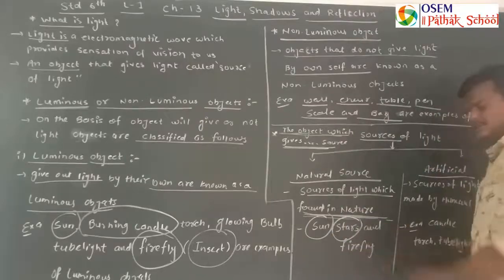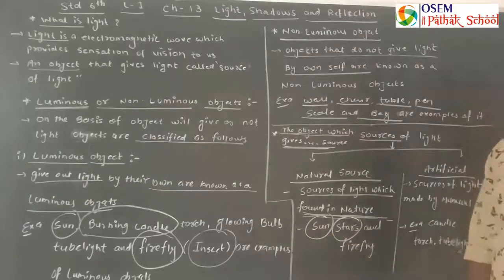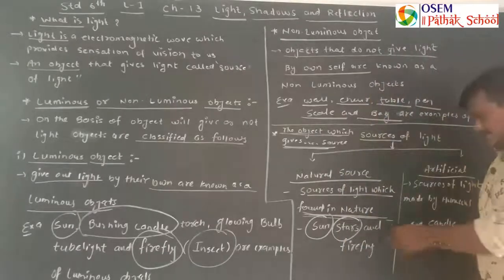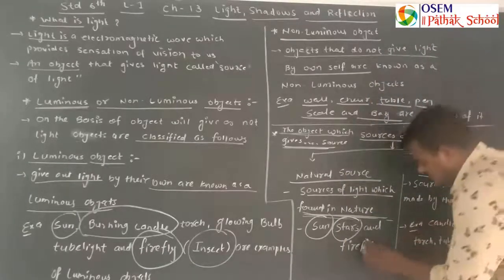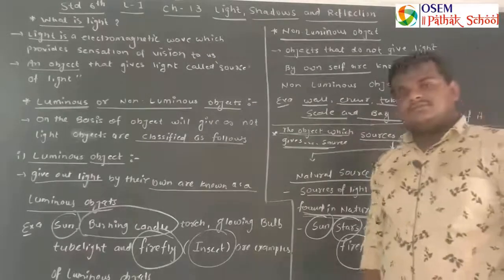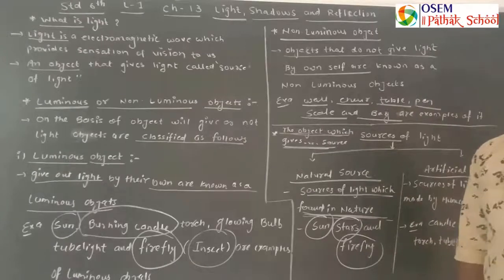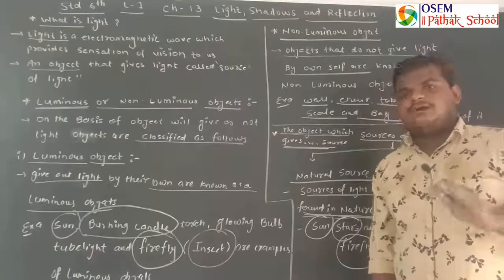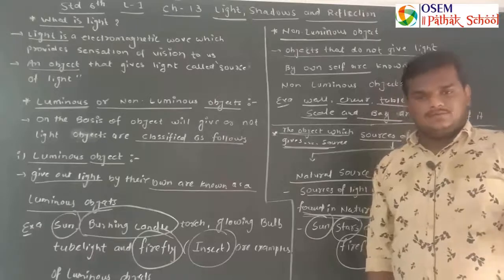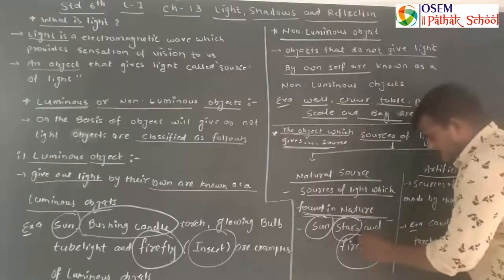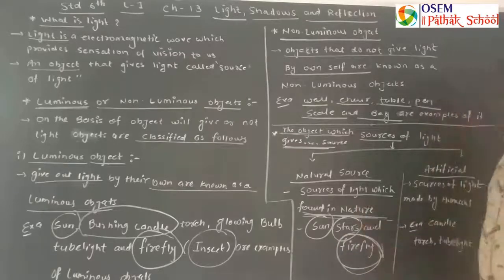Stars are other examples; in the night we have seen them. Stars, sun and firefly. Firefly is also a natural source of light because we can't generate it. It is an insect, and it generates light automatically when monsoon comes. Firefly can generate light by itself. So this is considered a natural source of light.